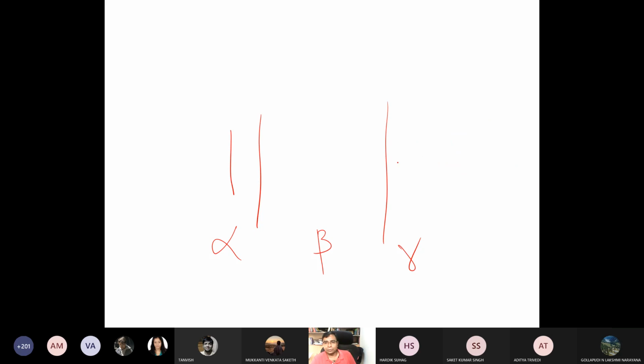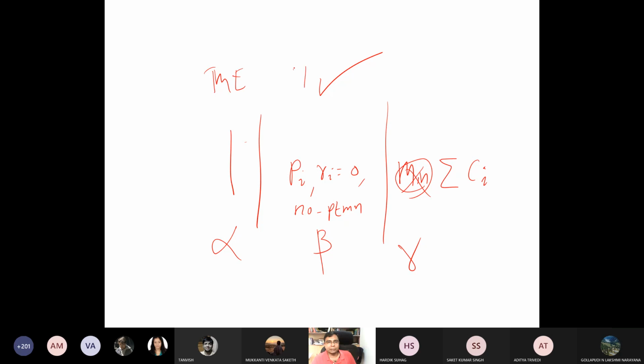Gamma is equal to the minimization of summation of Ci. Or directly we simply write summation of Ci, and we say Pi, Ri is equal to 0, no preemption. This is the machine environment, this is the task environment, and this is the objective function.